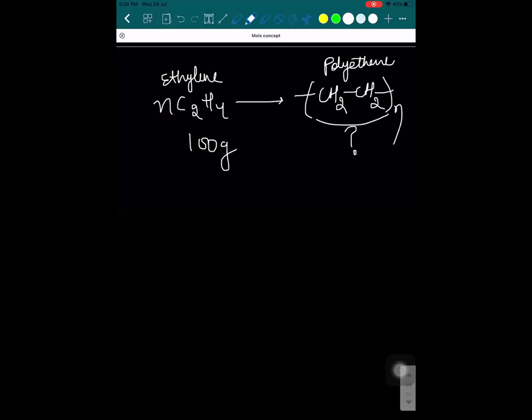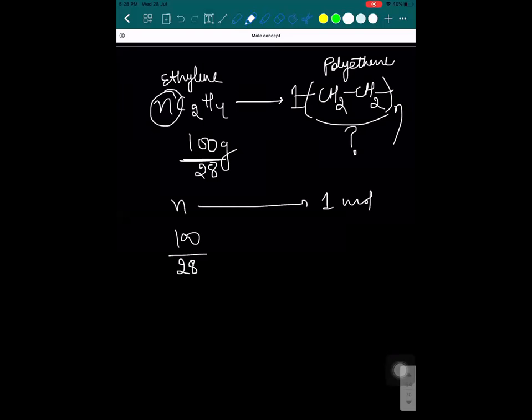Now what you have to do is calculate the moles. The molecular weight of C2H4 is what? 28. Can I say from this that n moles is giving 1 mole? Then 100 by 28 will give you 1 by n into 100 by 28.